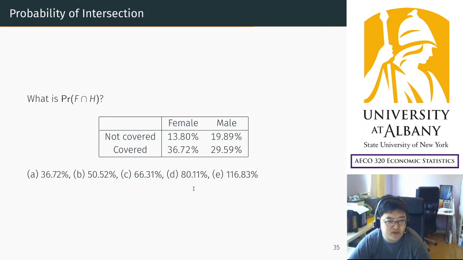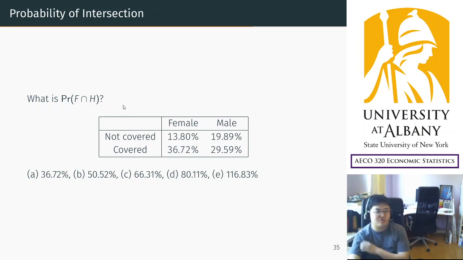So this is the probability. I already gave you the answer, so it should be easy. The answer is A. There is nothing much to say. Because there is only one outcome included in this event, there is nothing more to talk about.